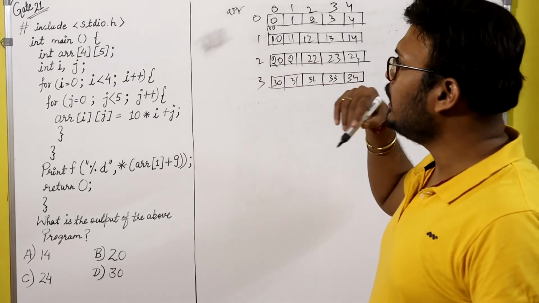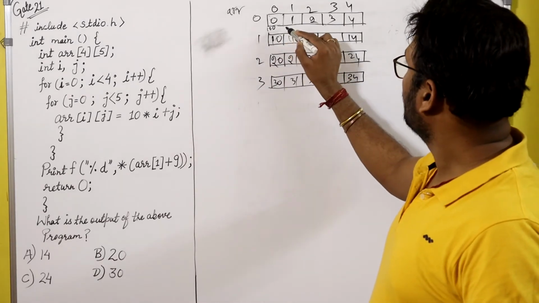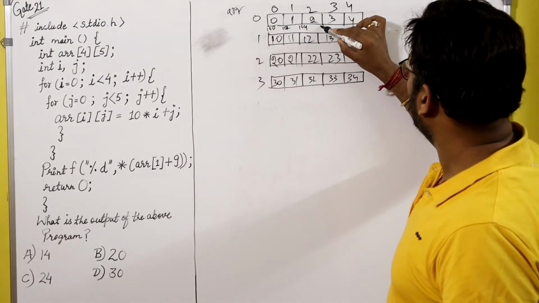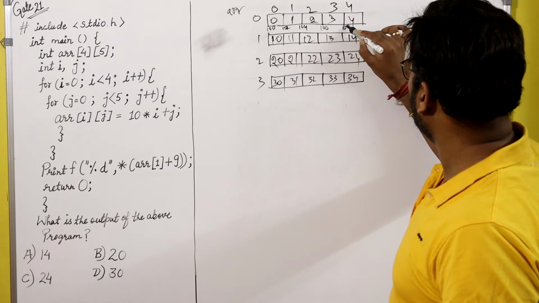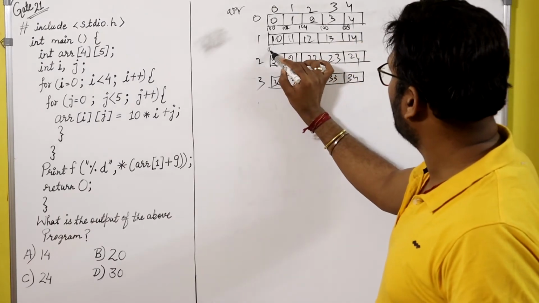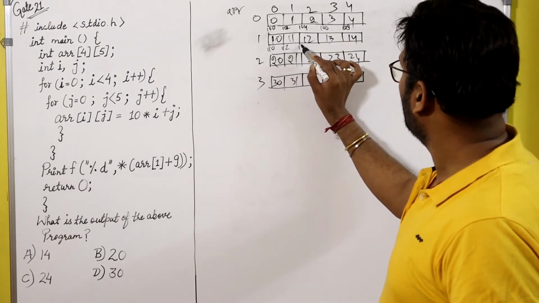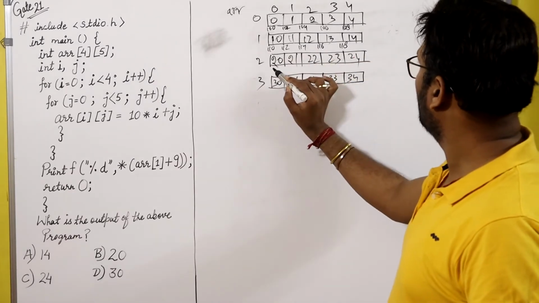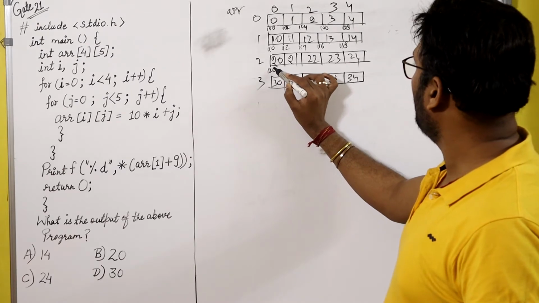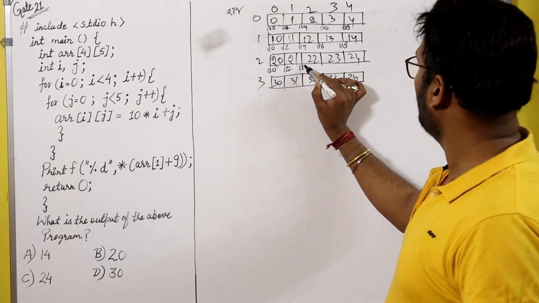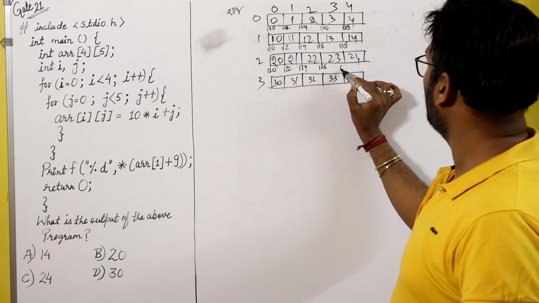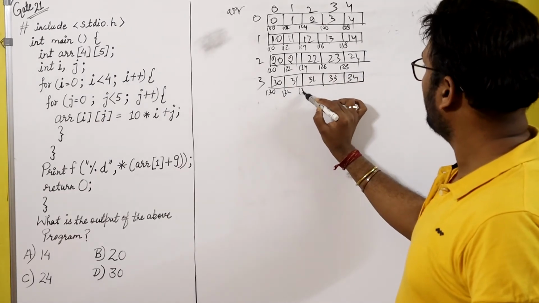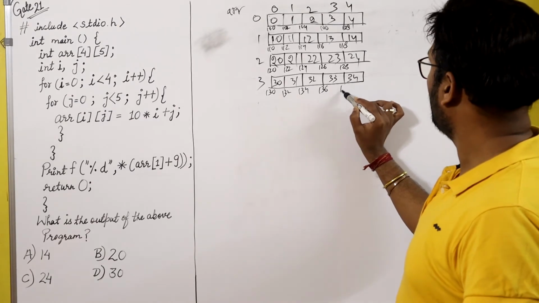Just assume integer of 2 bytes. Then this is 102, 104, 106, 108. Then 110, 112, 114, 116, 118. Then 120, 122, 124, 126, 128, then 130, 132, 134, 136, 138.